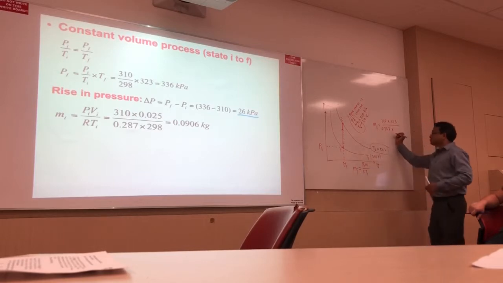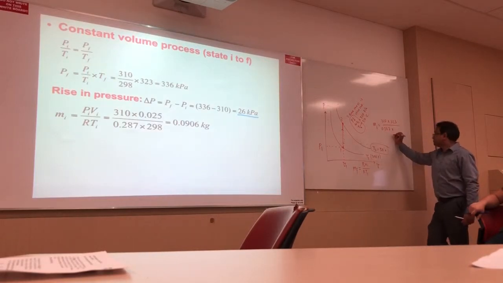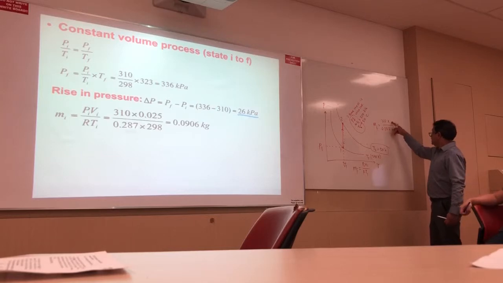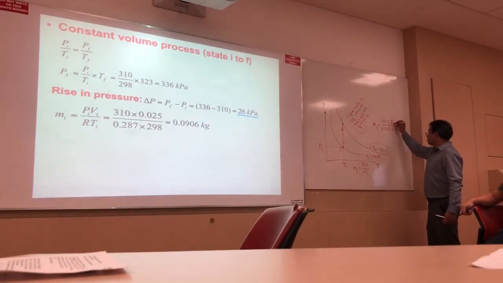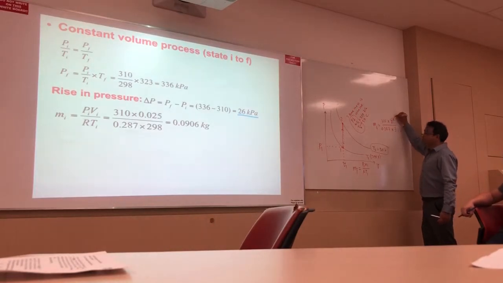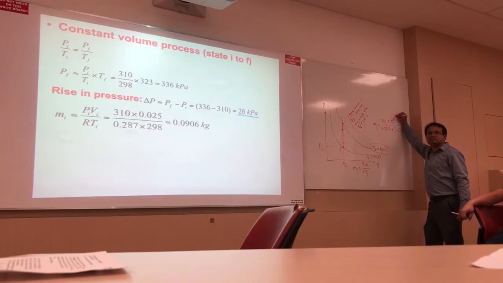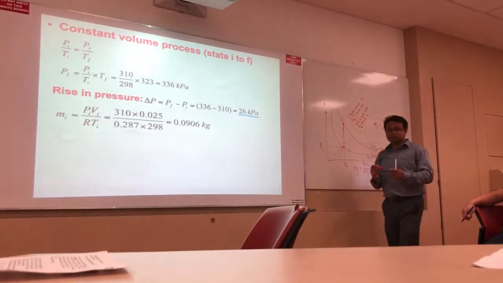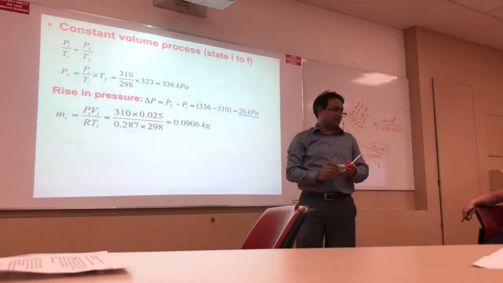Then PV, right? This is V, not P. This is V2, and this should be 323. So this value is equivalent to 1. This value is equivalent to... Why? Tell me.